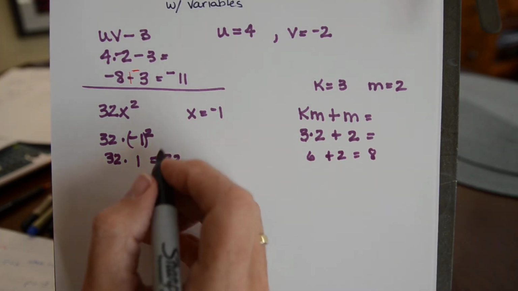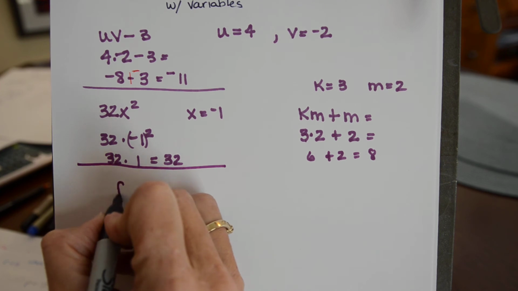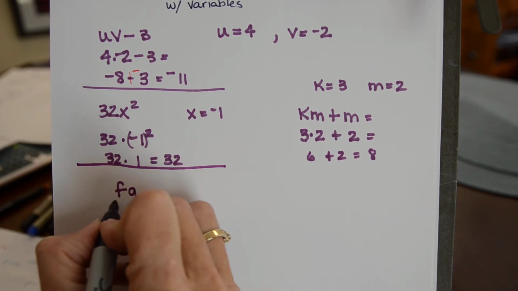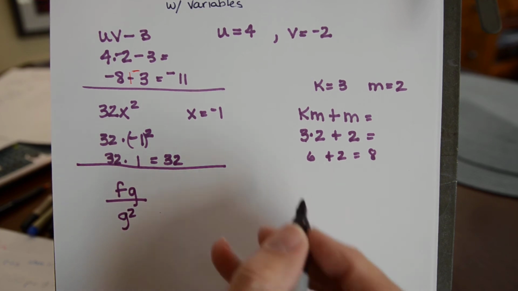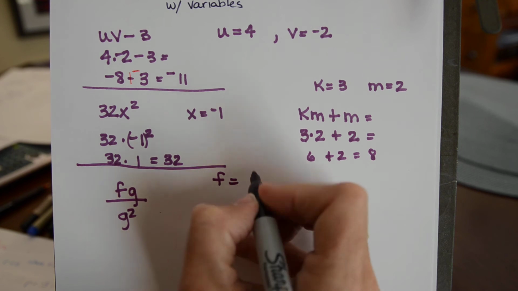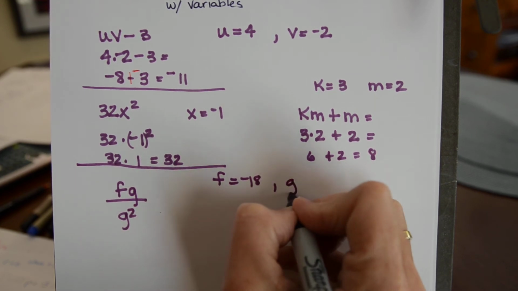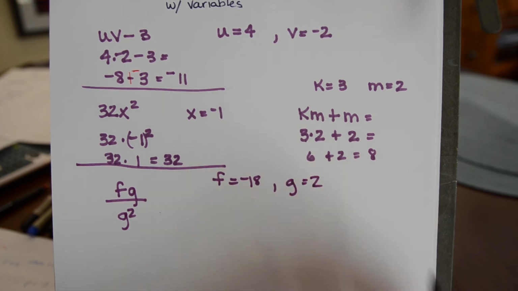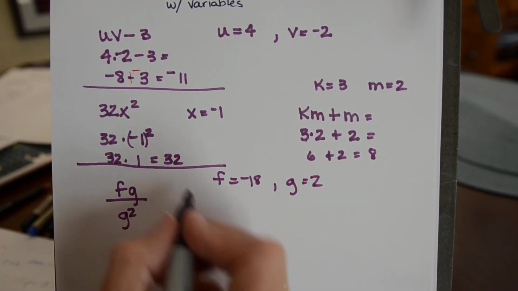Now let's do one that looks like it's a fraction of some sort. fg divided by g squared. They're going to tell me that f equals -18 and g equals 2. What I recommend first is put these numbers into what you see.